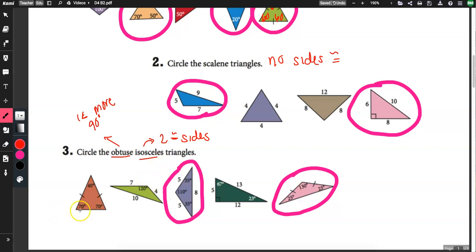The first one is isosceles, but is not obtuse. The second one is obtuse, but not isosceles. The third one is neither of those. So, or sorry, the fourth. The ones I circled, I have my obtuse angle, and I have my congruent sides. Obtuse angle, congruent sides. Okay, so those 2 got to be circled.